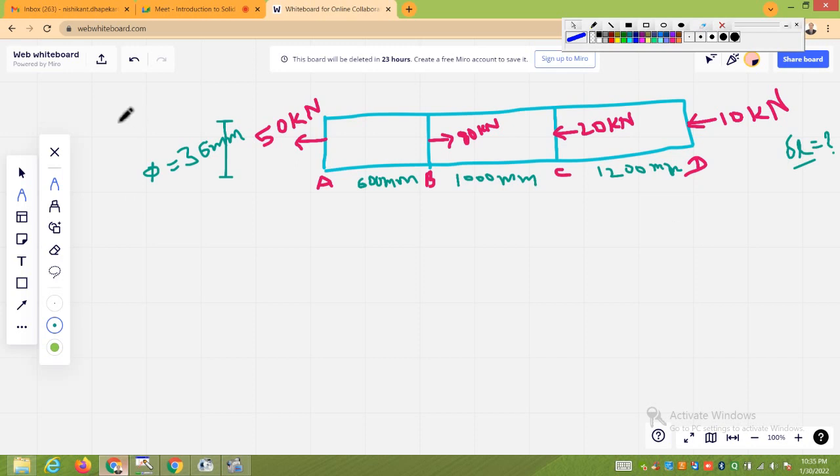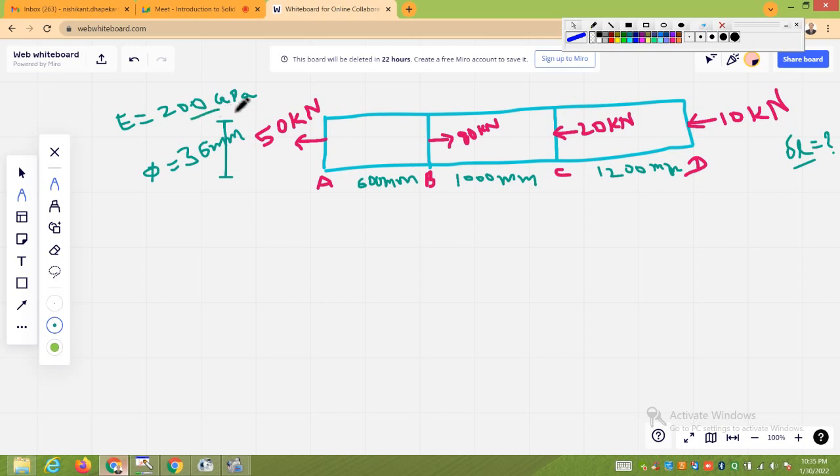And the modulus of elasticity E for this bar is 200 gigapascal. Since this is made up of the same material, the modulus of elasticity is the same for all the sections.